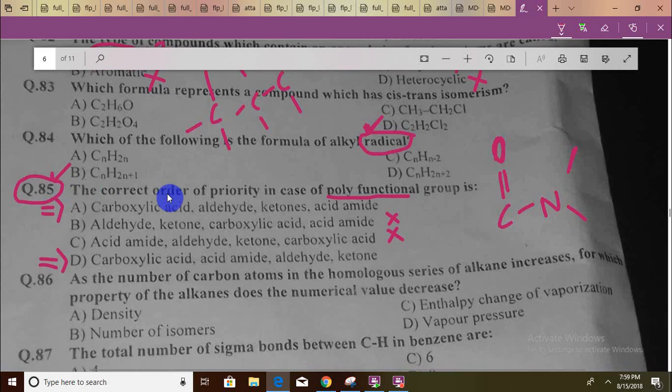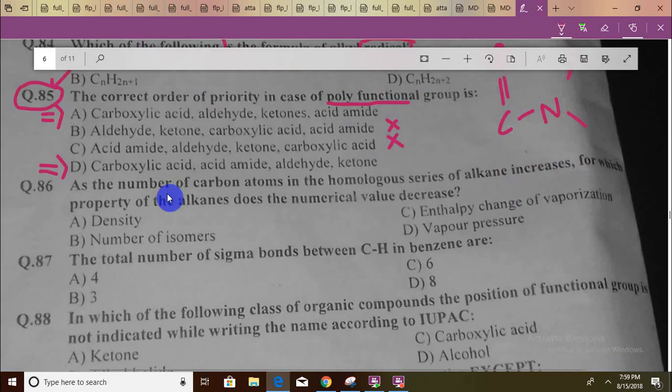As the number of carbon atoms in the homologous series of alkene increases, for which property does the numerical value decrease? Density, number of isomers, wrong. Enthalpy change of vaporization, maybe. Vapor pressure. The vapor pressure actually increases because, no, it should decrease because the intermolecular forces are increasing.